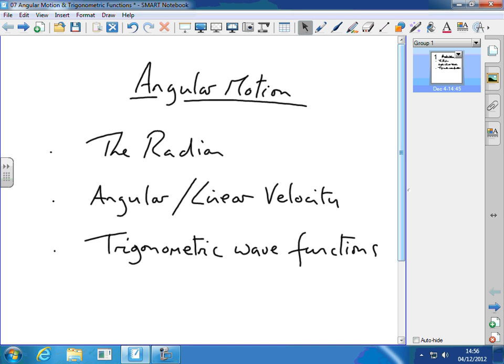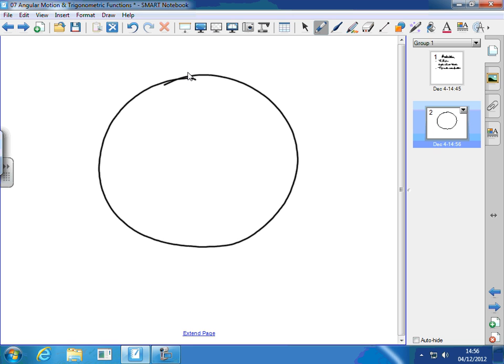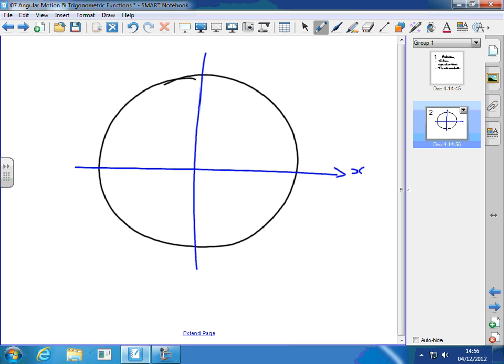So let's have a look at the radian first. So if we consider a circle, so if you want to sort of draw a freehand sketch of a circle, and then we consider x and y directions associated with that. So it's got an x and a y.